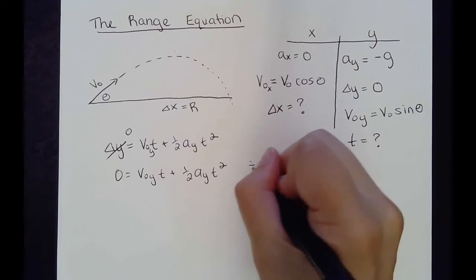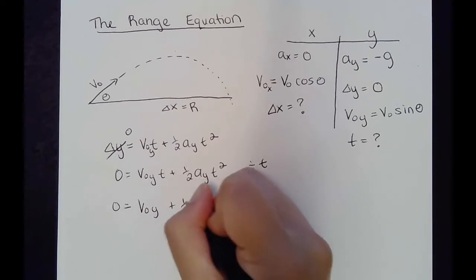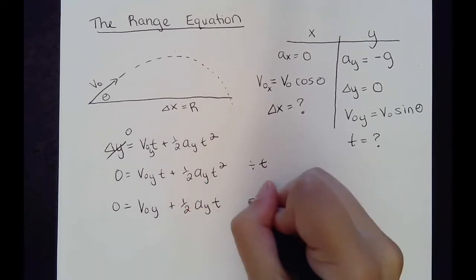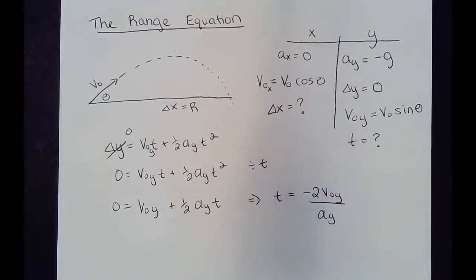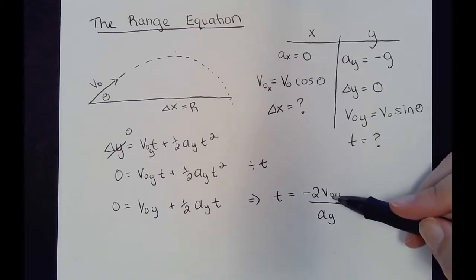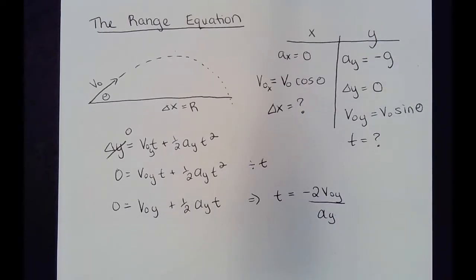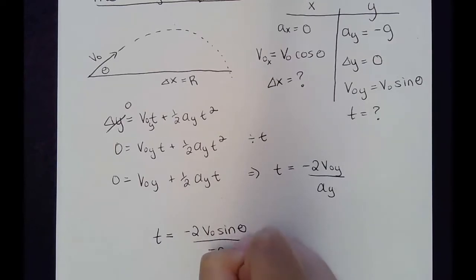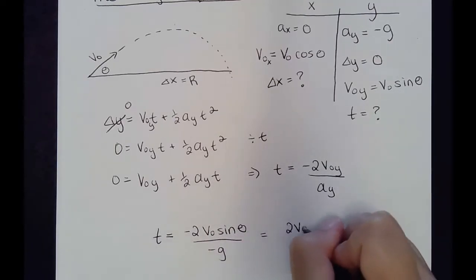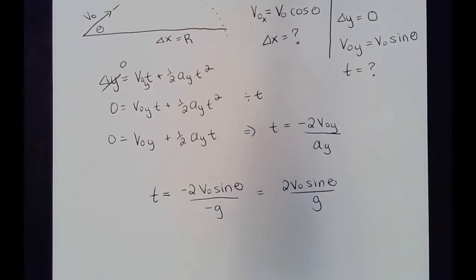Then I'm going to divide the whole equation by t. So we have 0 equals v naught y plus 1/2 a y t, which gives t equals negative 2 v naught y over a y. Now I'm going to plug in what we have. v naught y is v naught sine theta, and a y is negative g. So we're at t equals negative 2 v naught sine theta over negative g. So this is 2 v naught sine theta over g. Okay, so we have that relationship for the time.